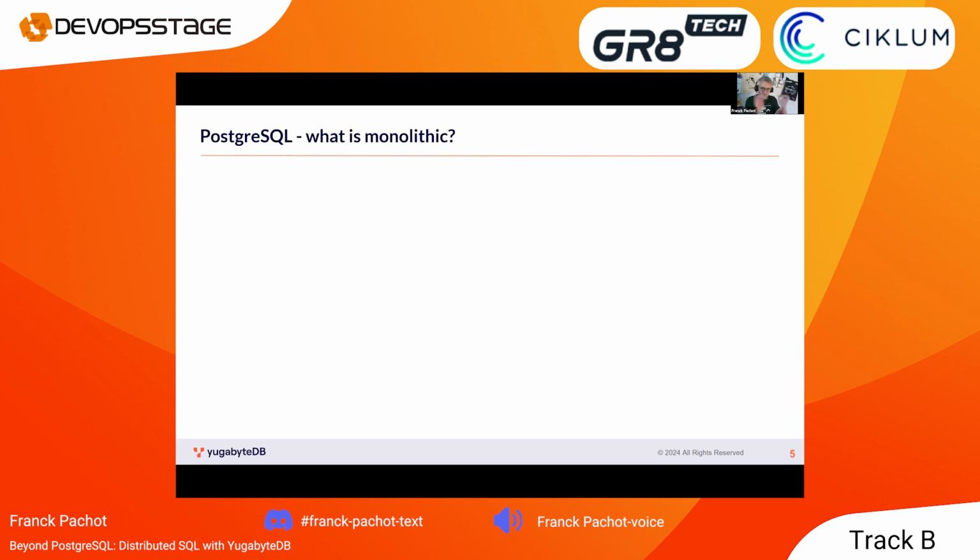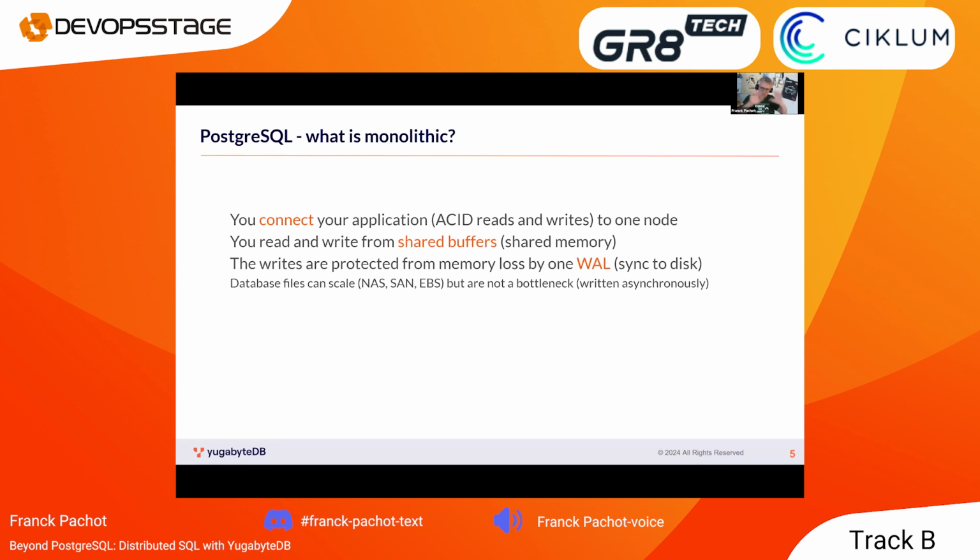But first, we need to understand why we want to break this monolith. But what is monolithic in Postgres? What do we have to break to do that? Think about the application. The application connects to the database to a single node. You have only one primary instance in Postgres that can take your consistent reads and writes.